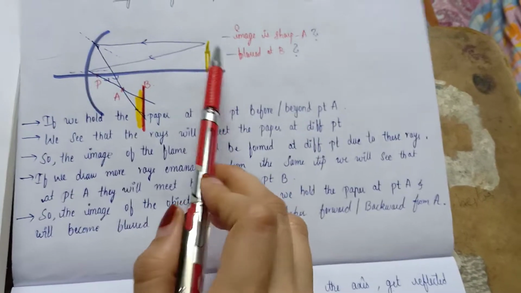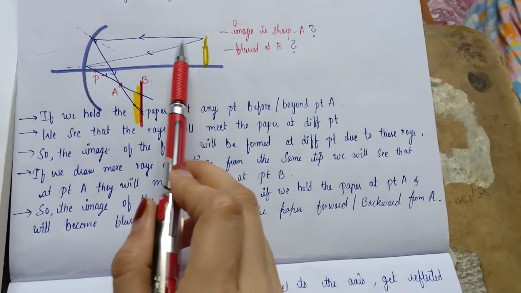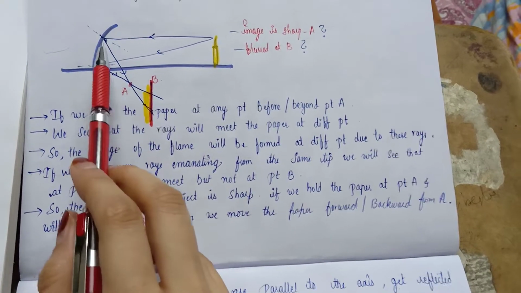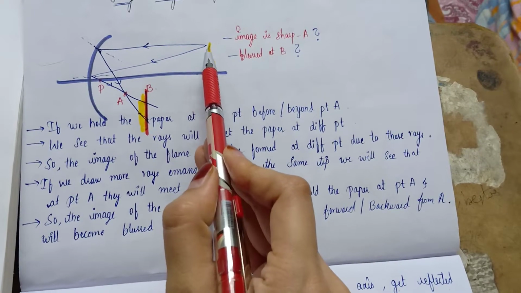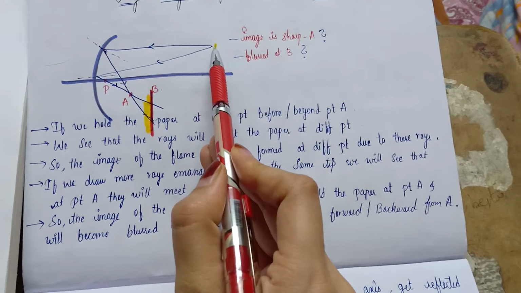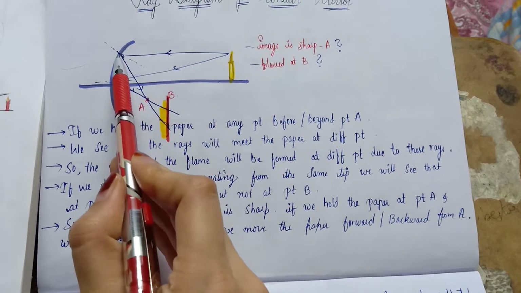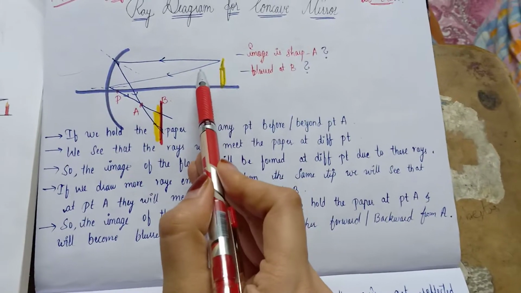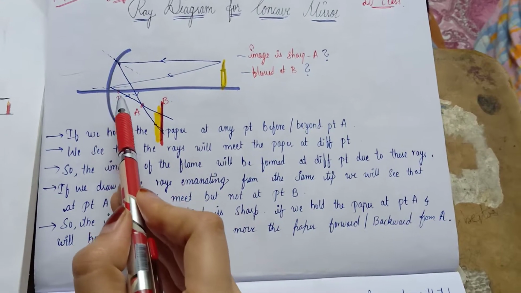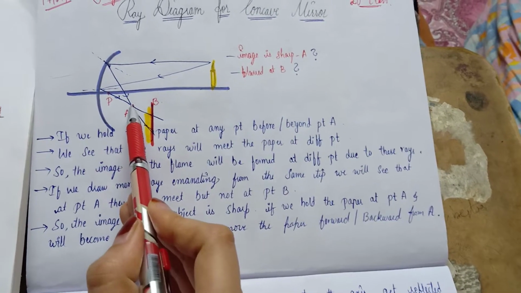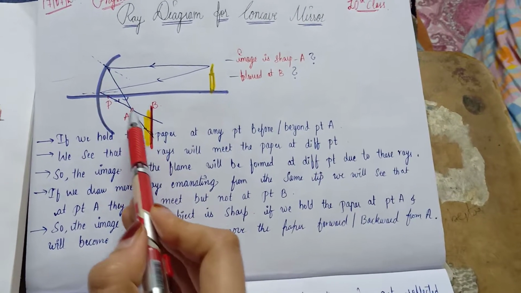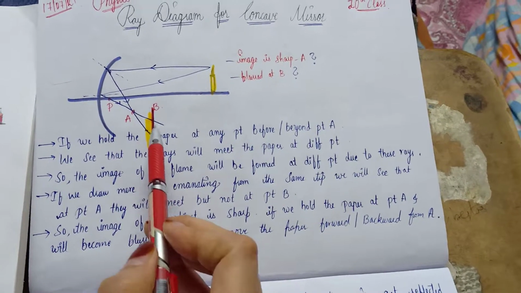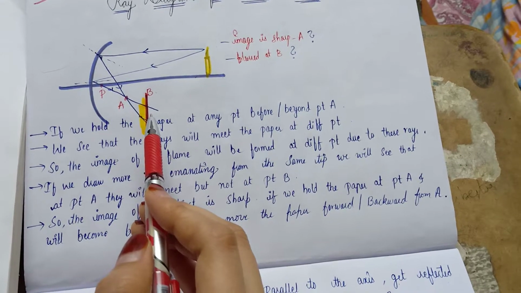Two light rays are emitted by the object, and they fall on the mirror and are reflected back in a different direction. The two rays come from the tip of the candle, fall on the mirror, and reflect back. At some point they meet, and then they diverge again.